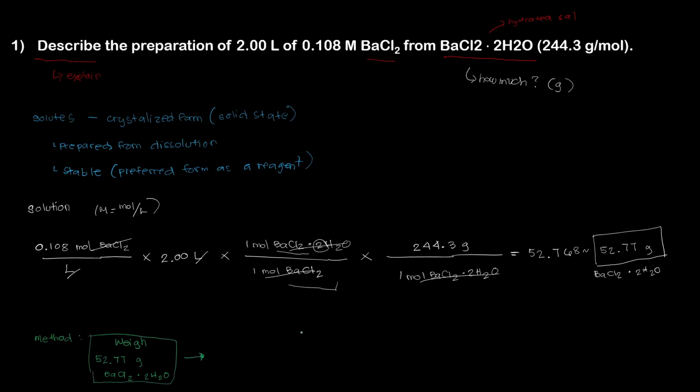Then next, place the solute in, so the solute, we are talking about BaCl2·2H2O. Place the solute in a 2000 ml volumetric flask. Okay, so 2000 ml is 2 liters. Okay, 2000 ml or 2 liter flask. After that, you will dilute to mark.